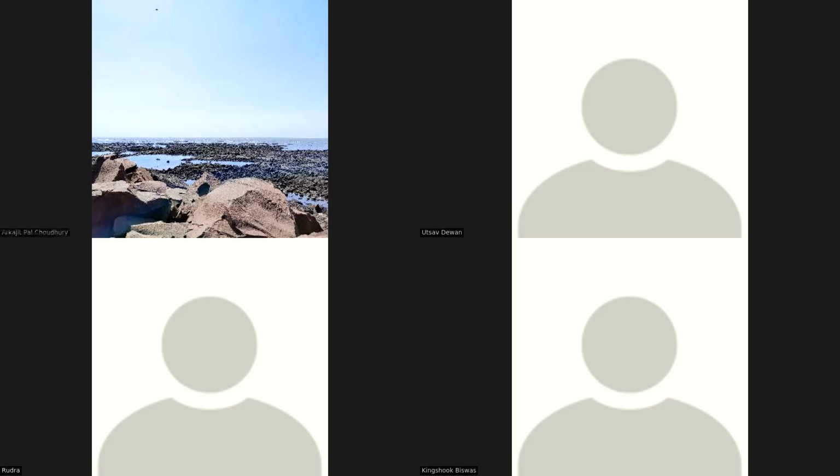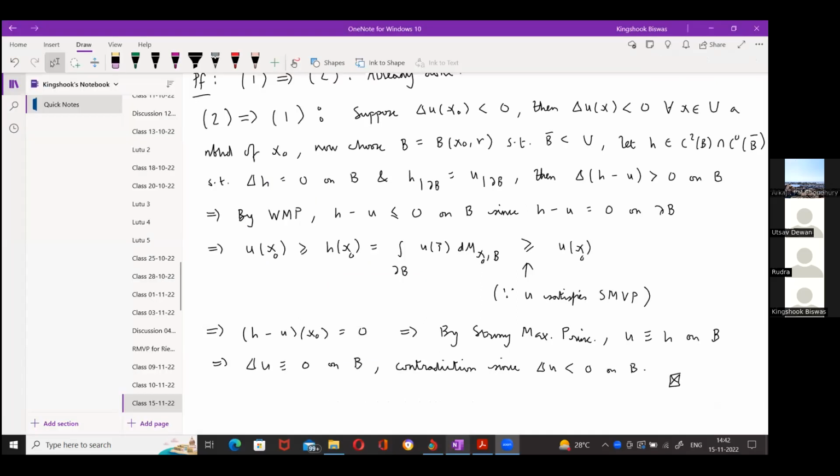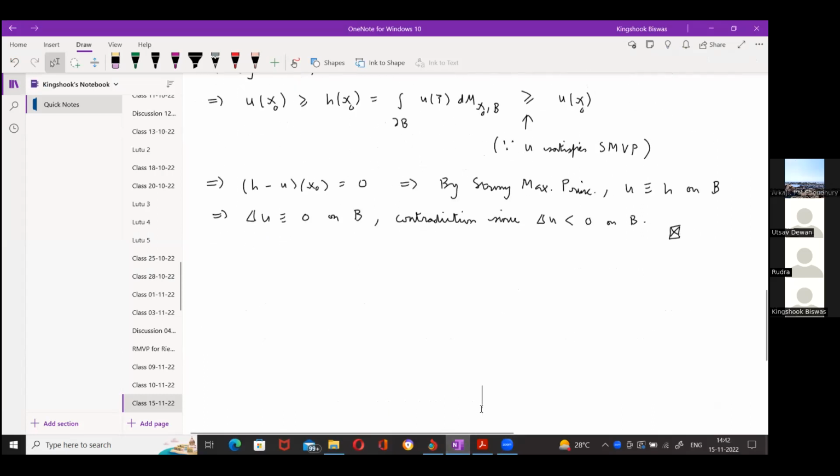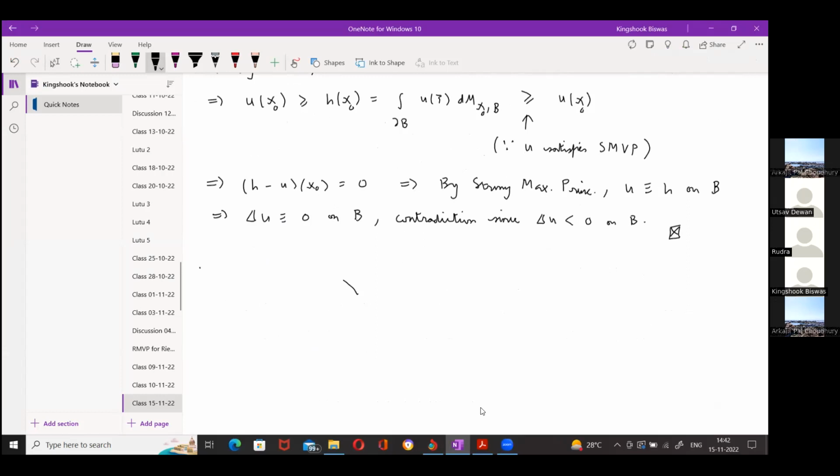Okay, so that more or less finishes whatever I wanted to say about the Dirichlet problem. Just a remark: we have proved the solution of the Dirichlet problem for any domain inside a Riemannian manifold with C2 boundary, right?